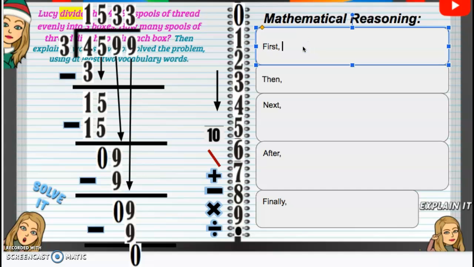First, we had to rewrite that problem to make it look a little nicer for us.